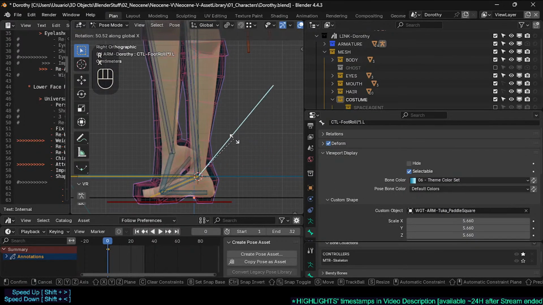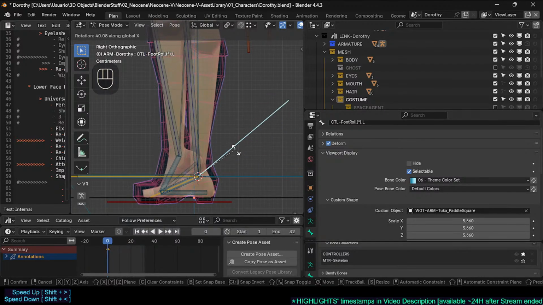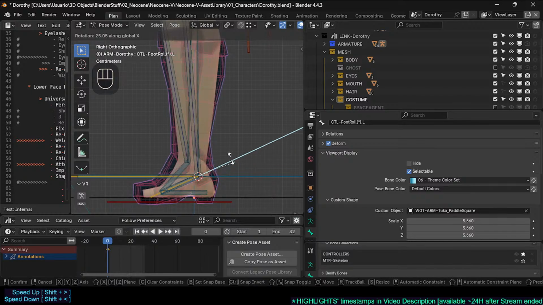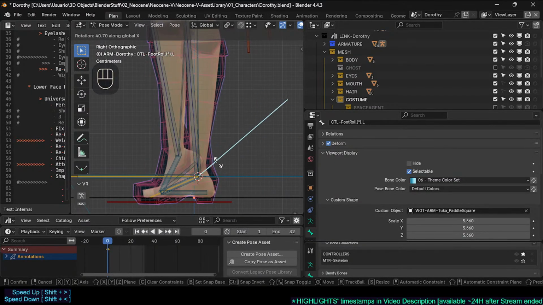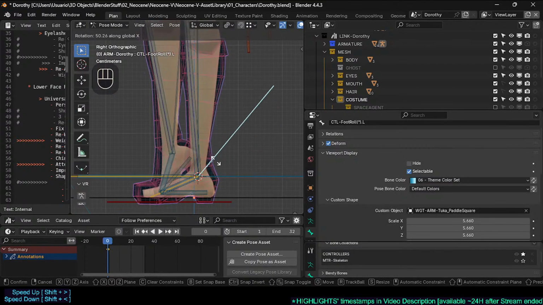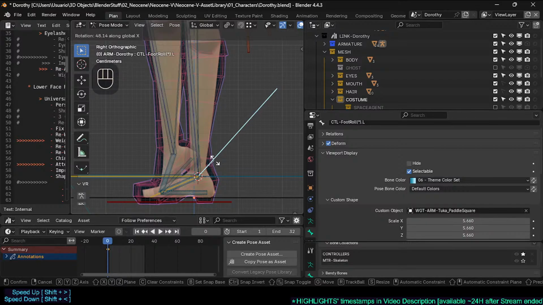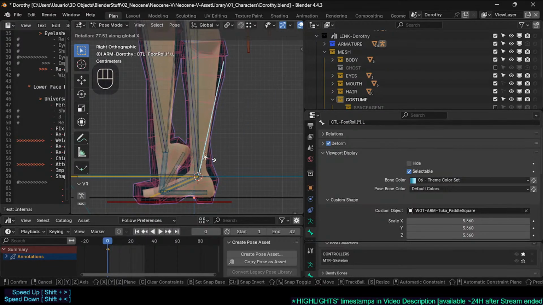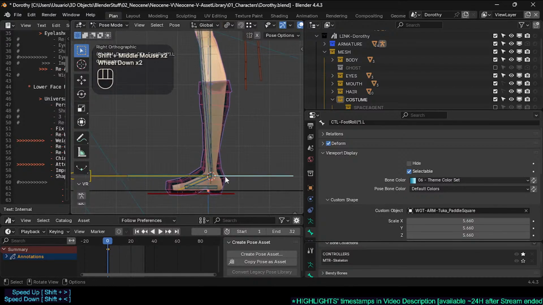The boots deform in sync, right? So that's fine. The boots were rigged incorrectly, but it still deforms more or less correctly. But especially the heel and some other parts are not in good shape, right? So you need to make the adaptation.